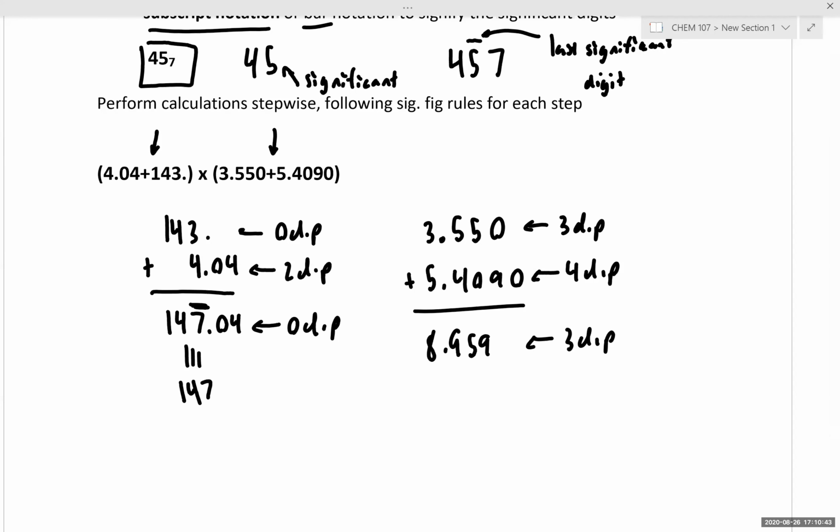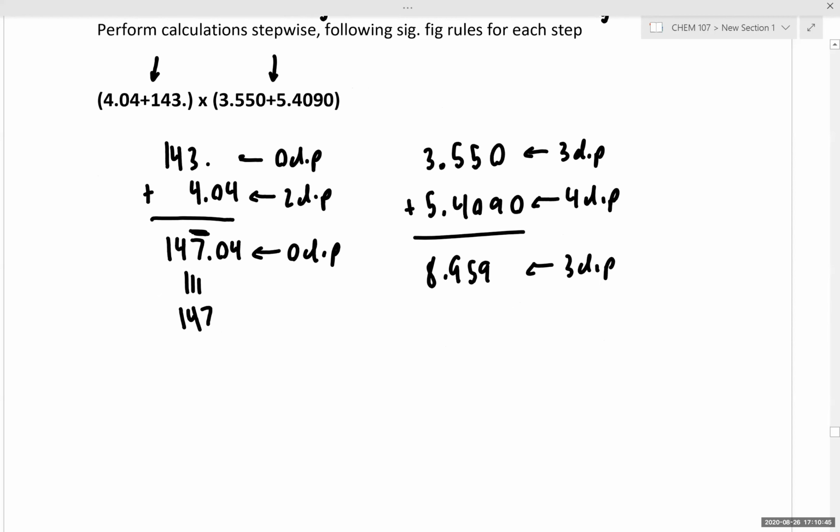Okay, so now that we have both of our numbers, we're going to multiply them together. So we have 147.04 times 8.959.